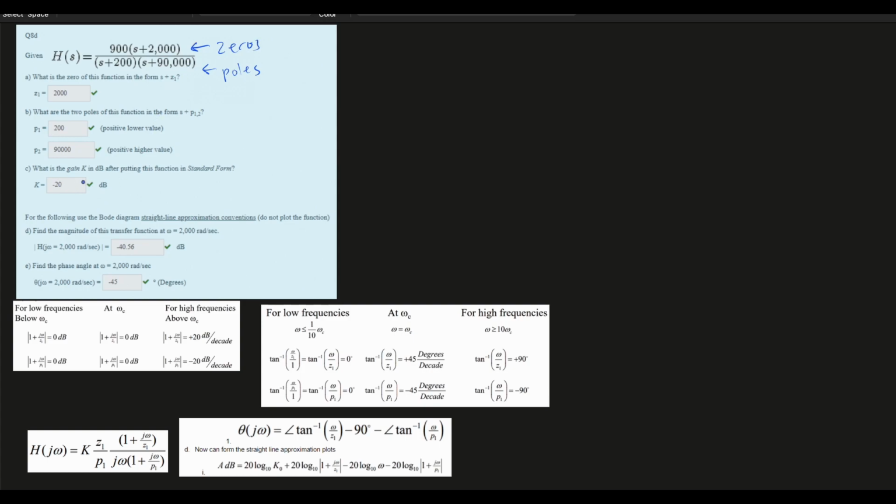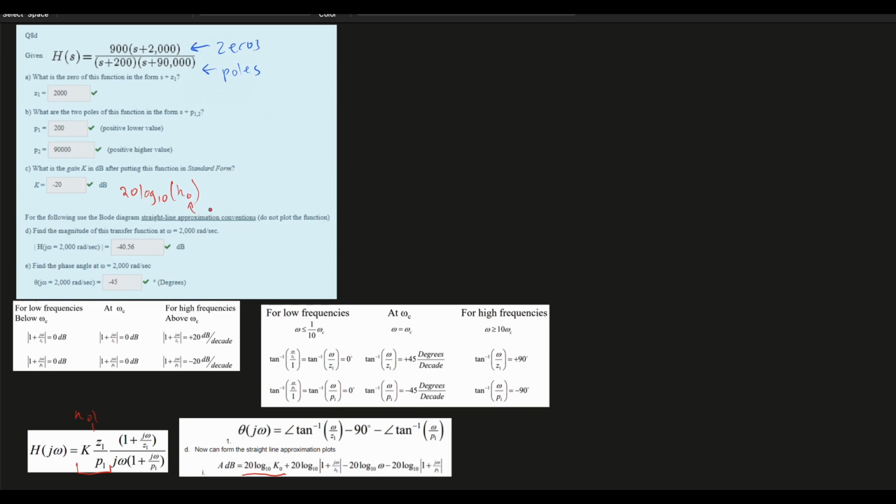Next, we're asked what is the gain k in dB after putting this function in standard form. Well, in standard form, we can look at this part, the 20 log base 10 of k naught, and our k naught is going to be equal to this right here. So we need to find our k naught, and when we write this out, we're just going to say that we have a 20 log base 10, and then our k naught.